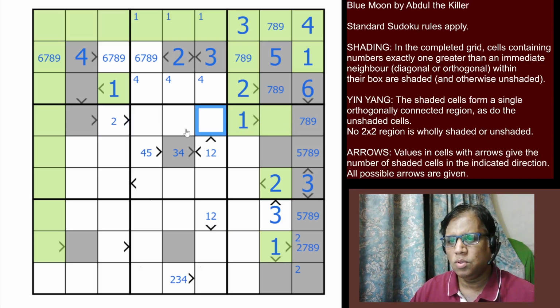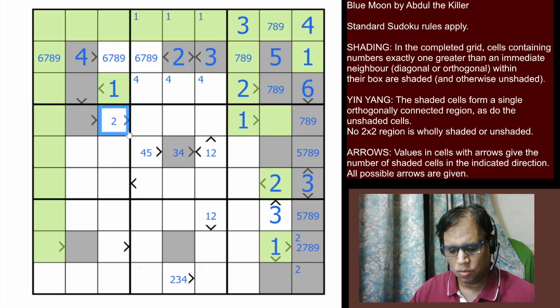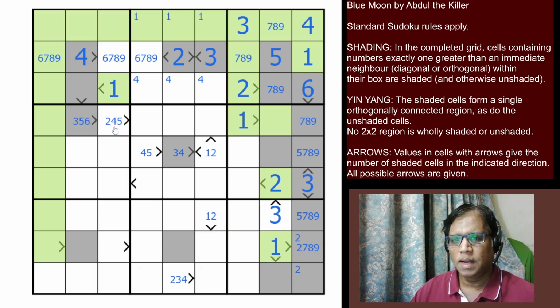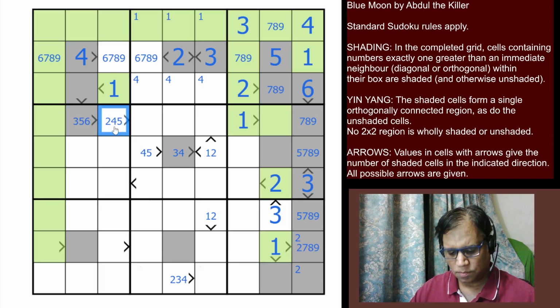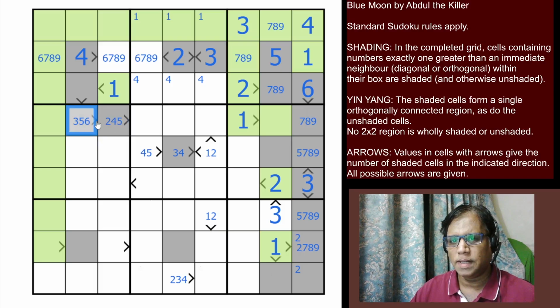This is 2 3 4 5 up to 5. So 2 3 4 5, and this is 3 4 5 6, but 4 is already there. It means 3 is not there, and this must be now 2 4 5 because of this pattern. Any pattern we can see?